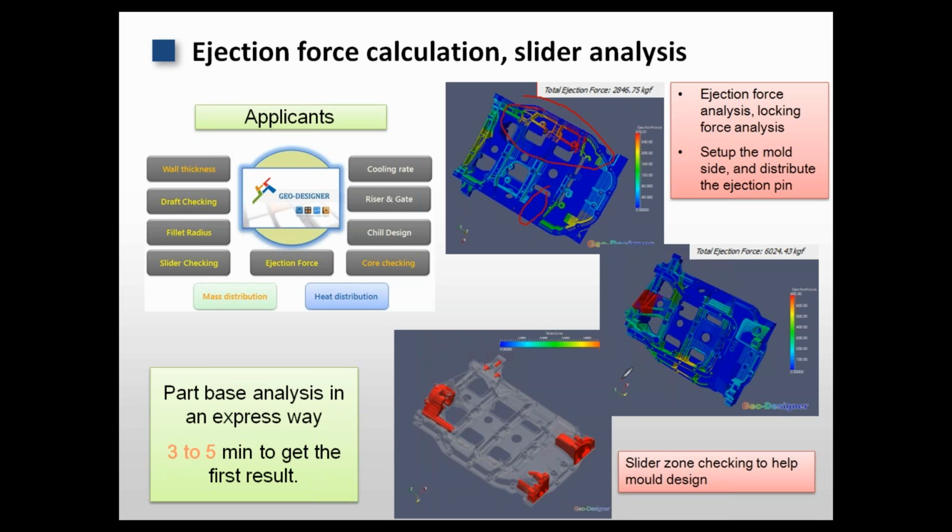So we need to find out all those places. When a core is located, it will be colored in red, and that will help us to check the model in a very convenient way.